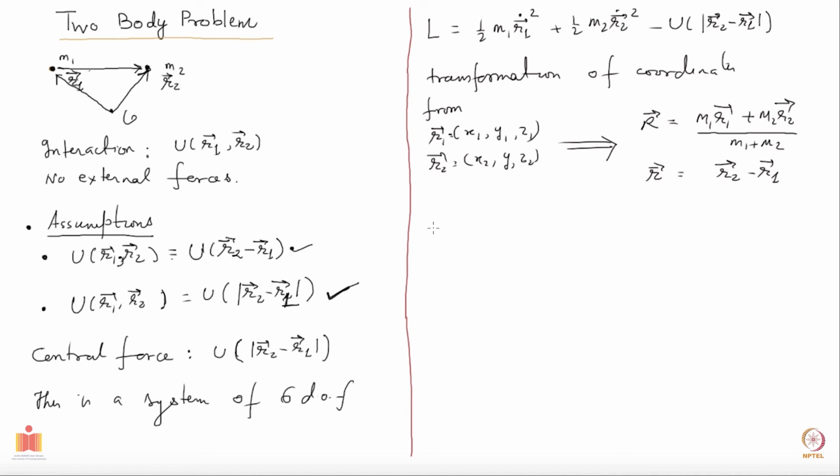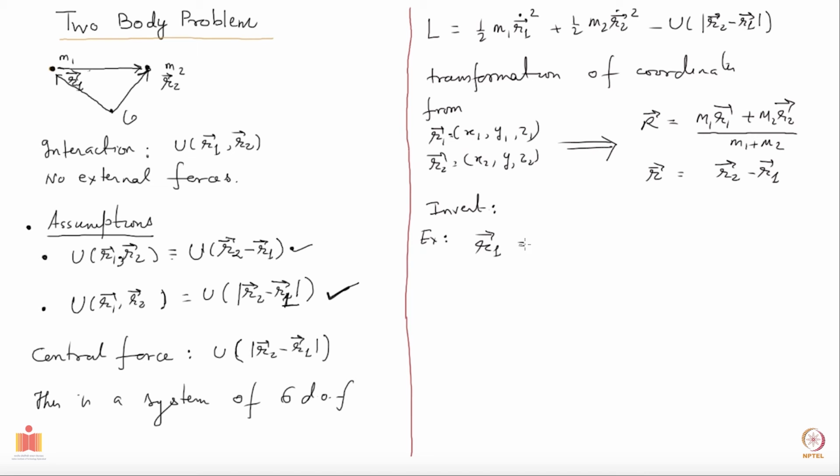But before we do that, let's invert this and write down R1 and R2 in terms of capital R and small r. Okay, so please do this exercise. Invert, correct. So please check that what I'm writing is correct.